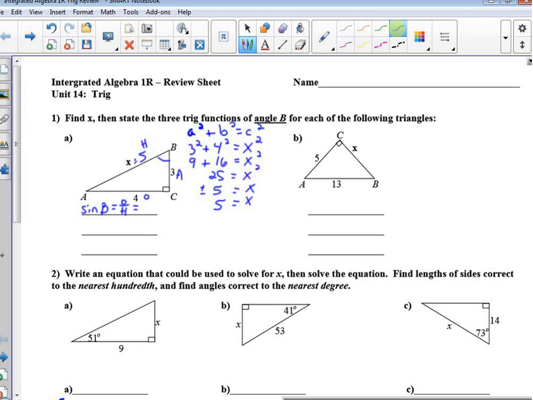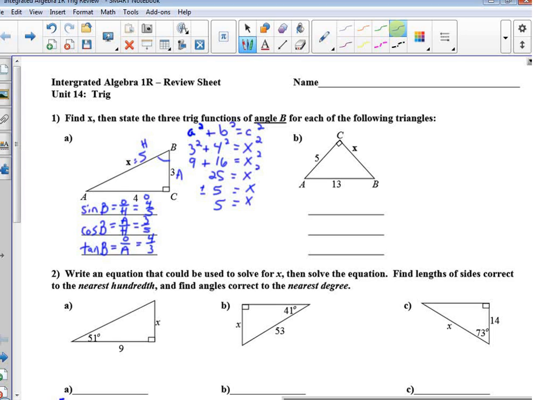So sine of B is equal to 4 over 5. The cosine of B is equal to the adjacent over the hypotenuse, that is 3 over 5. And the tan of B is equal to the opposite over the adjacent, which is 4 over 3.